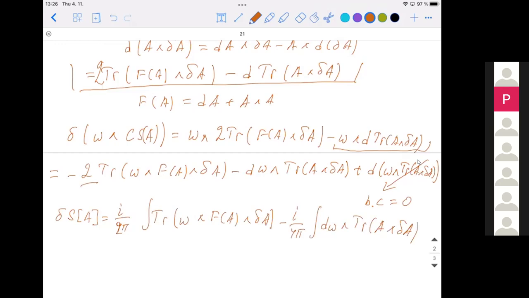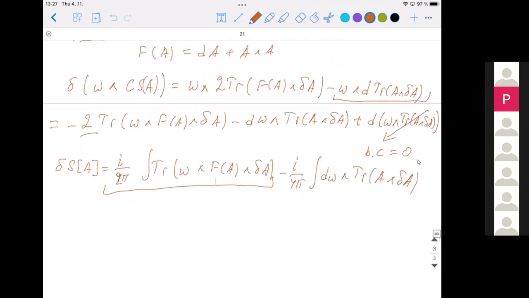Now, this is the bulk term, and from here we will read the equation of motion. This one is actually called the two-dimensional defect term. We will talk about this later.